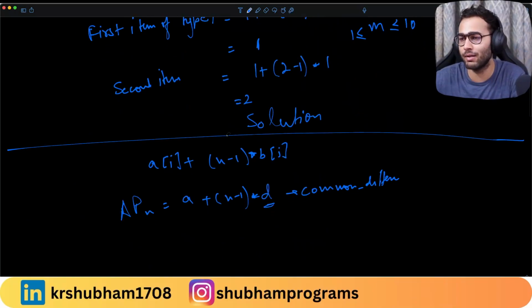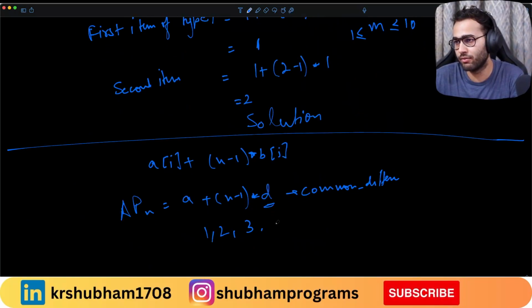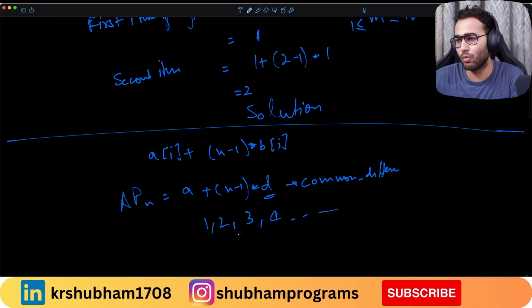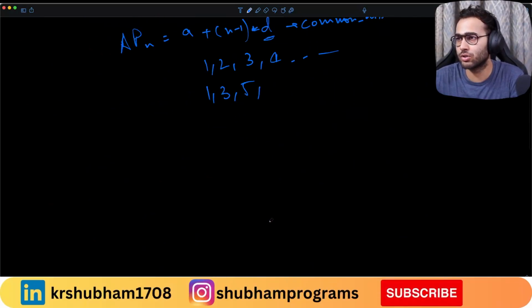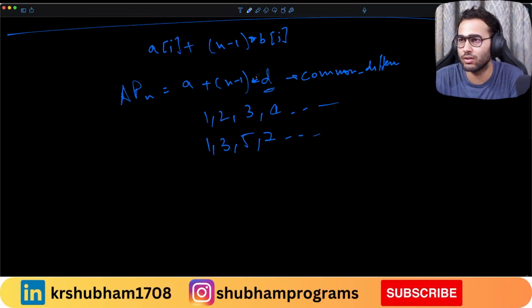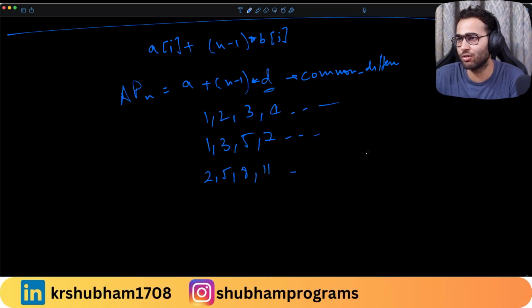So let's just write the AP. The first AP will be 1, 2, 3, 4 and so on. The second AP will be 1, 1 plus 2 is 3, 3 plus 2 is 5, 7 and so on. The third AP will be 2, then 5, then 8, then 11 and so on.